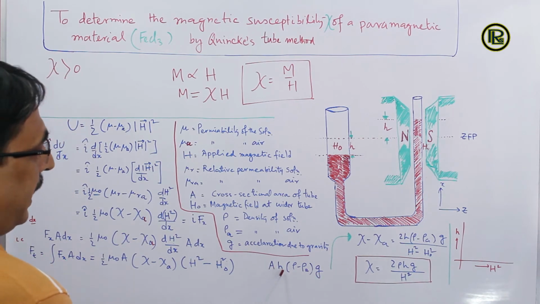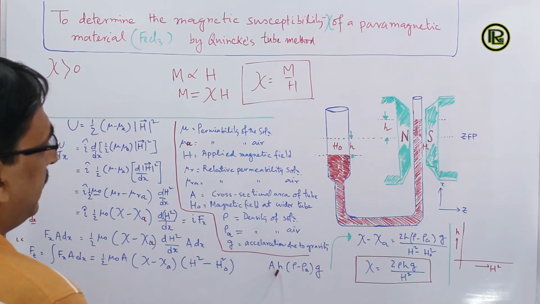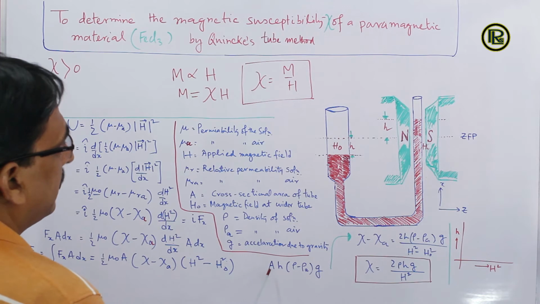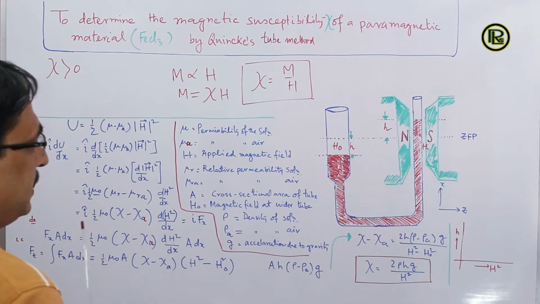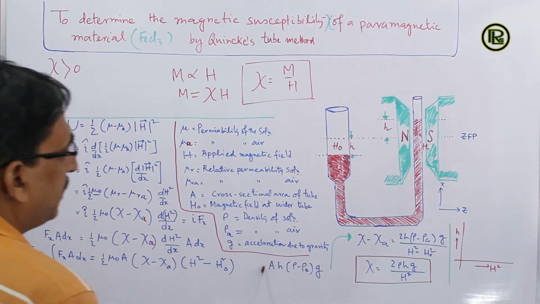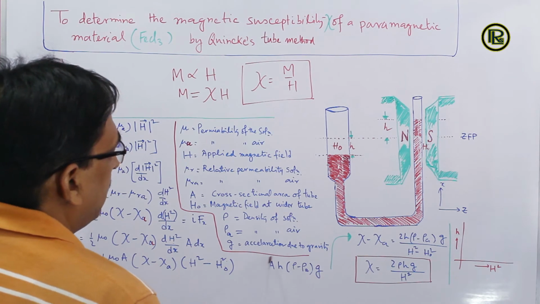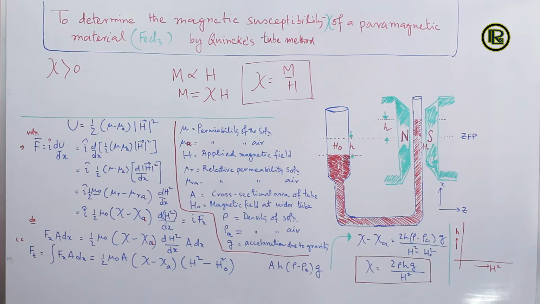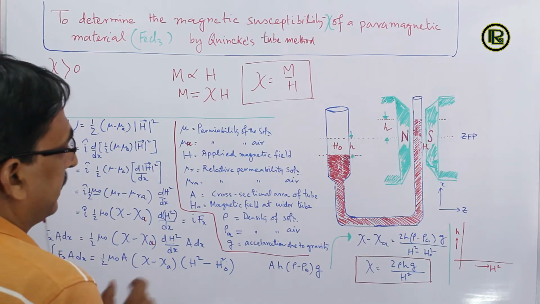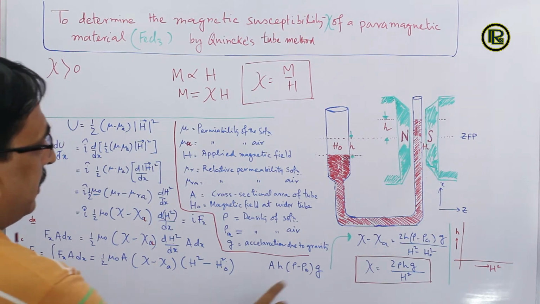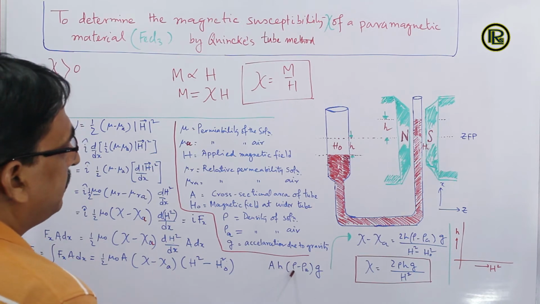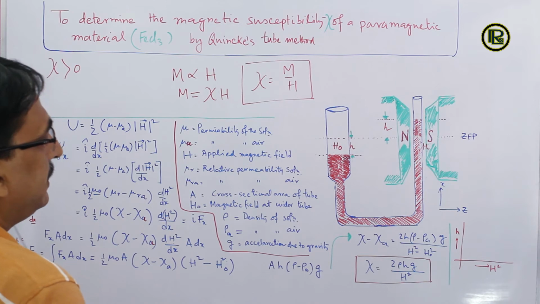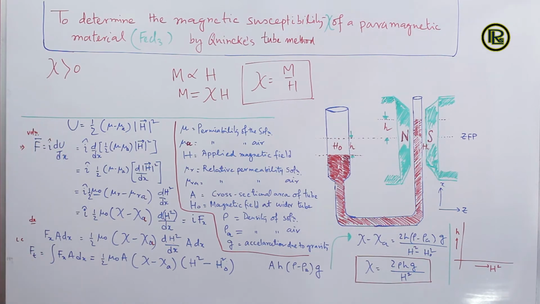So this is basically h rho g, and area I have to multiply, that is the cross-sectional area of the tube. So this force is due to the weight of the liquid minus the weight of the air. Here rho is the density of the ferric chloride solution and rho A is the density of air.